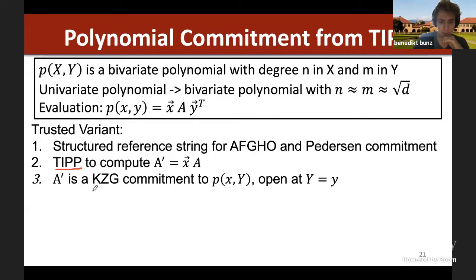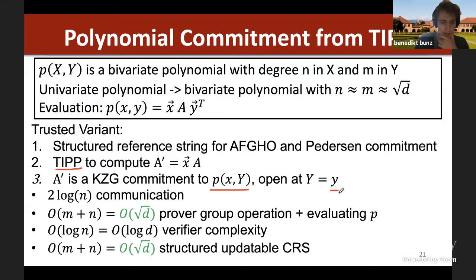And then in the second protocol, we note that A prime is already a KZG commitment to the univariate polynomial P of x comma y. And we can simply open this KZG commitment at the point little y. And now this protocol still has even less communication.